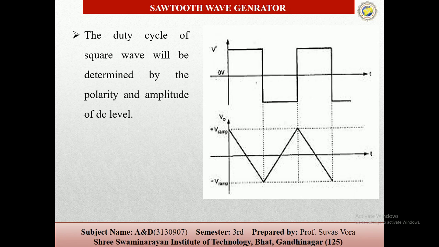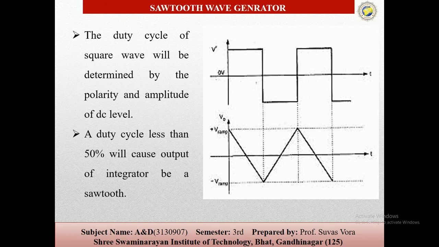The duty cycle of the square wave will be determined by the polarity and the amplitude of the DC level, and when the duty cycle is less than 50% it causes the output of the integrator to be a sawtooth. So here, by changing the duty cycle, we can apply the output as a triangular wave, that is, we can try. So it is important to note that the frequency of the sawtooth waveform decreases when the voltage at the non-inverting input of the integrator is adjusted positive or negative. So these are the sawtooth wave generators.